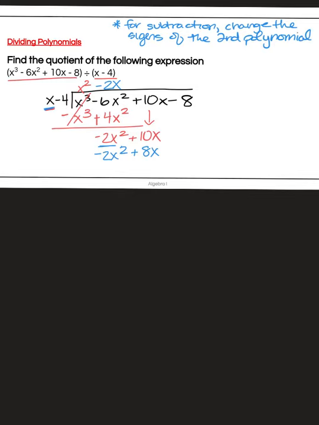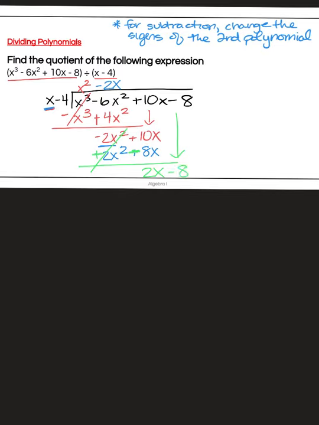So the negative 2x squared becomes positive, and the positive 8x becomes negative. Negative 2x squared plus 2x squared cancels, and 10x minus 8x is 2x. Bring down the minus 8.